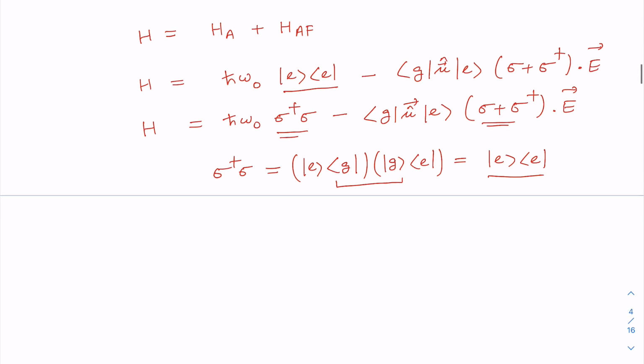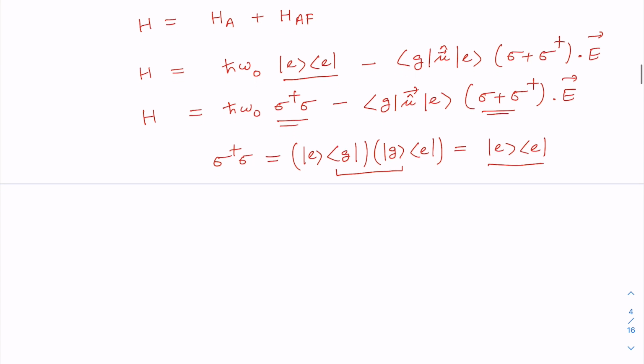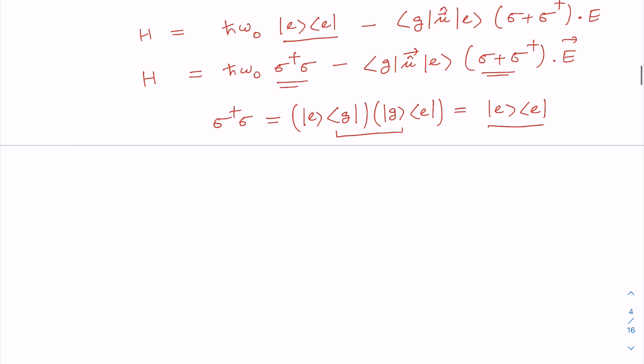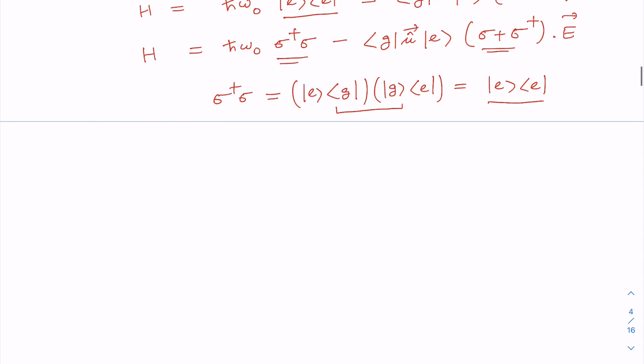Okay, now just like the way we decompose the electric field into positive and negative frequency parts, we can also do the same for the dipole moment operator.